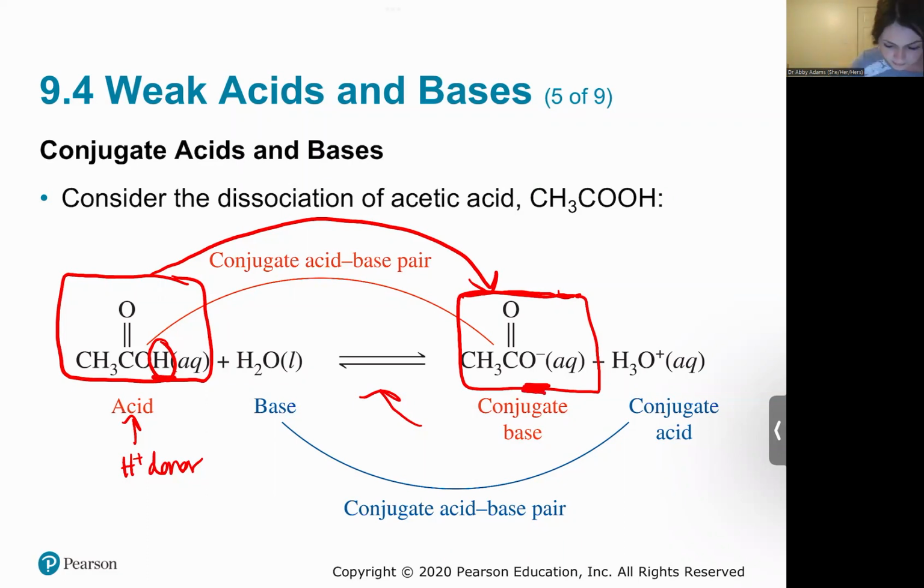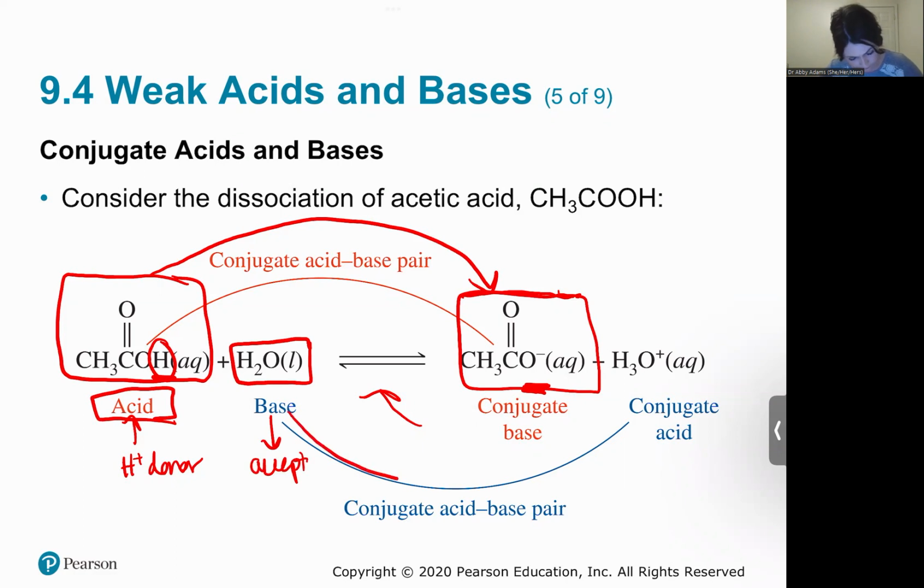So this is an acid, and it becomes the conjugate base. And where you have the base, water acts as the base here, because this water accepts. So if you follow, the water has accepted a proton and become a hydronium ion. So this is the base. Then what it has become in the products is going to be called the conjugate acid.